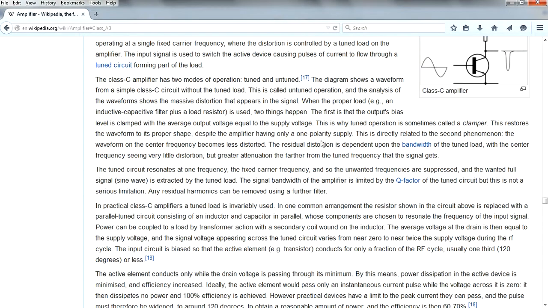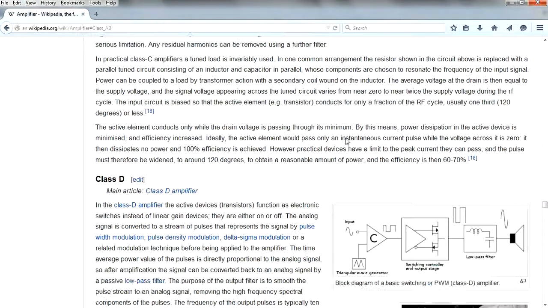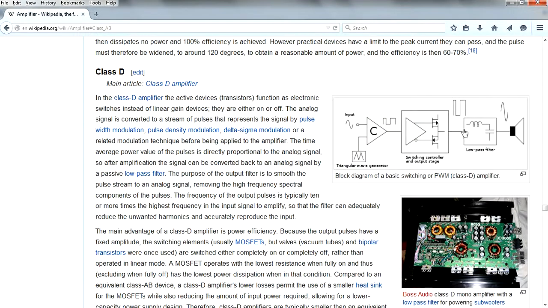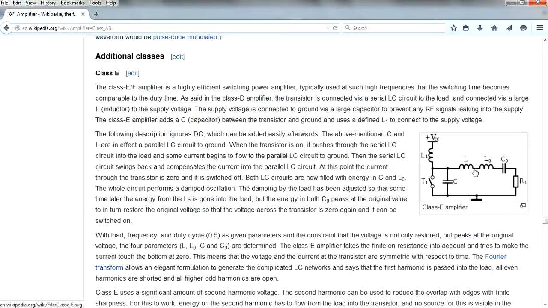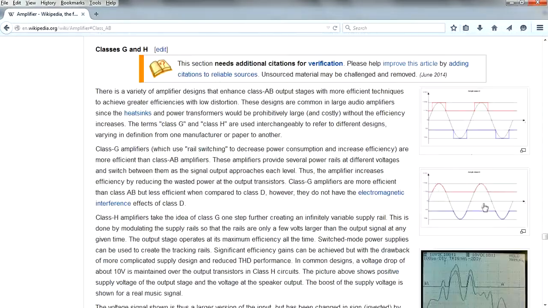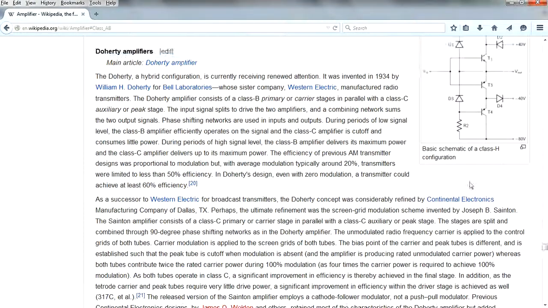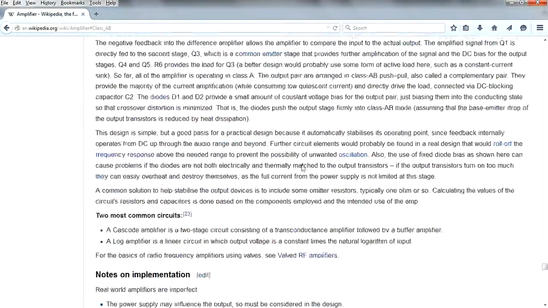You can read it up over here. These are all value-added things, and a trick question may come out in the test. And then class D is another level. Class E, capacitor, and then G and H, which I don't know much about. So these are the things you may want to take a look at.